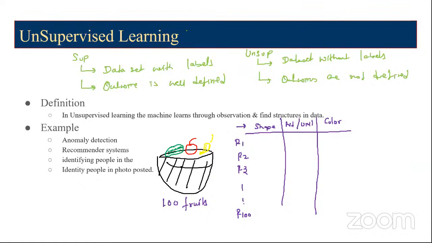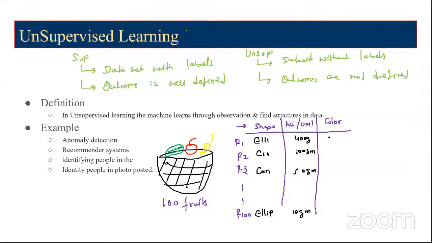This is a basket. Say the shape can be elliptical, or circular, or cone-like, or even elliptical. Then weight per unit is something like 400 grams, 100 grams, then 50 grams and 10 grams.